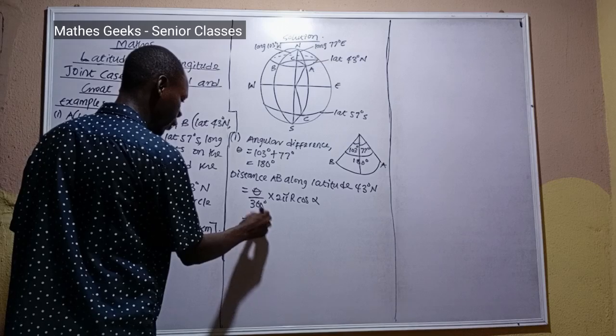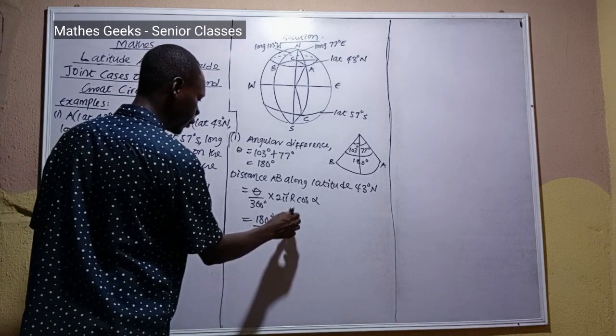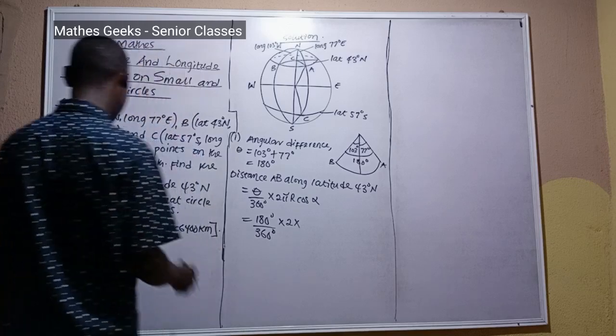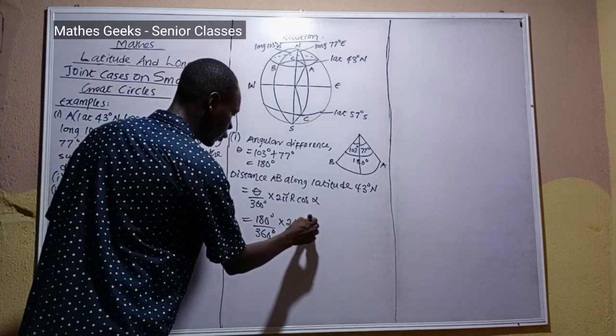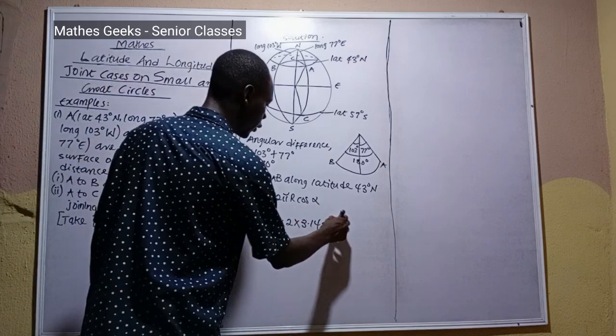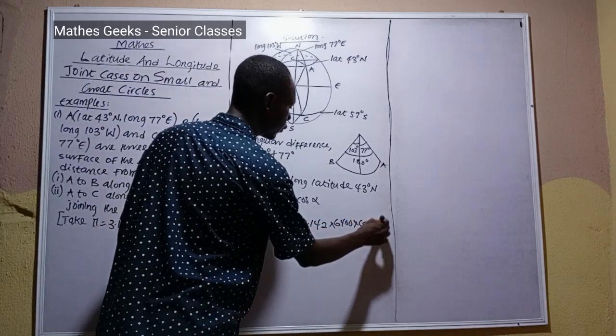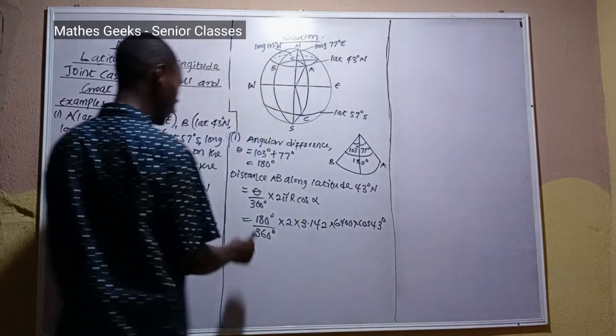That will give us 180 degrees over 360 degrees times 2 times pi, 3.142, times r, 6,400, times cos 43 degrees.